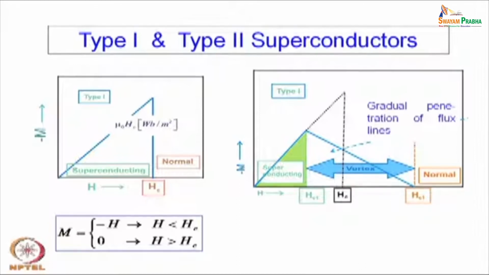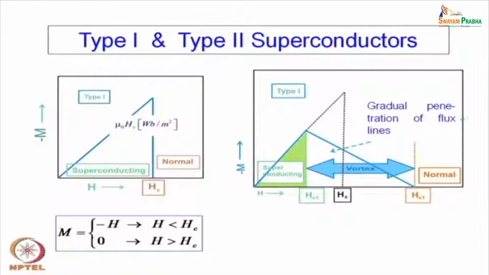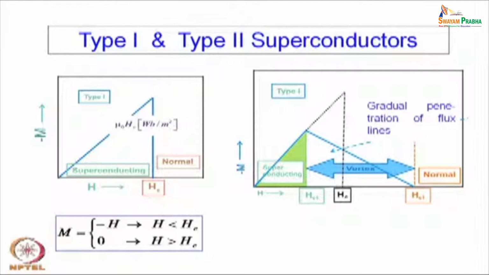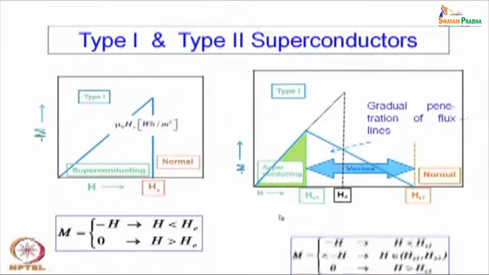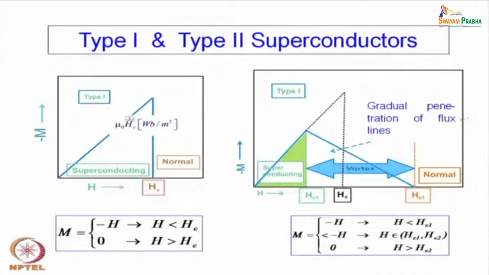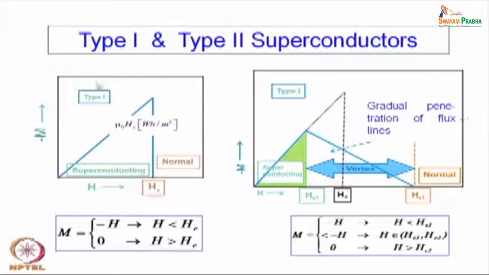There are two types, normally called type 1 and type 2 superconductors, and their magnetic behavior is the following. This is type 1 superconductor.